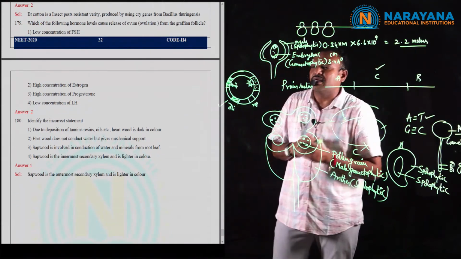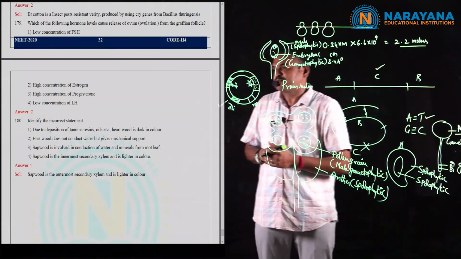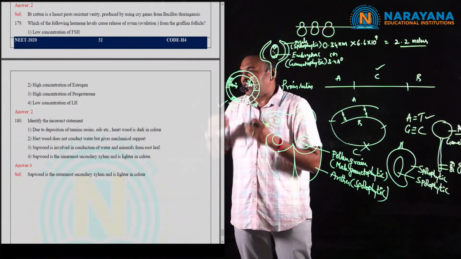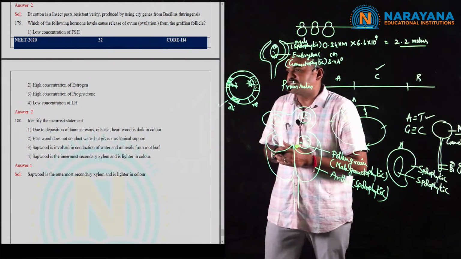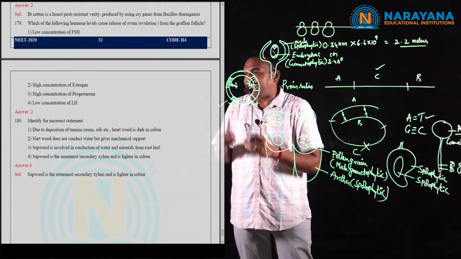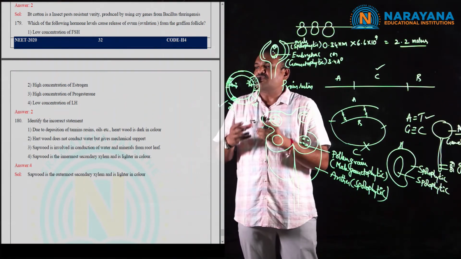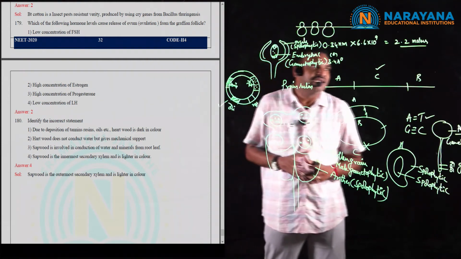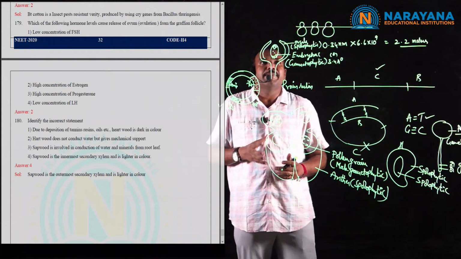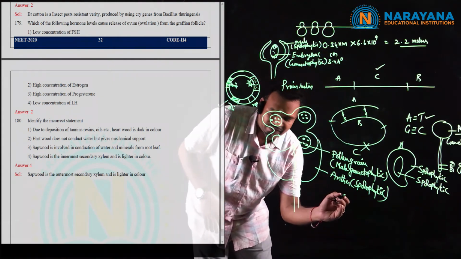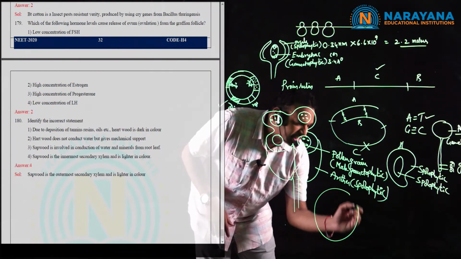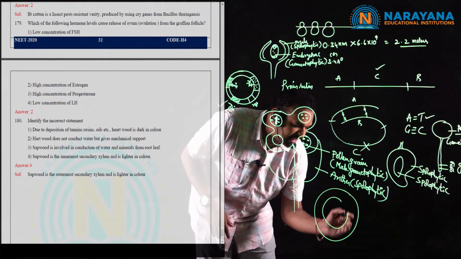And question number 180, that is the last question. Identify the incorrect statements. First option: due to deposition of tannins, resins, oils, etc., heartwood is dark in color. Yes, heartwood is dark in color because this is the central part of the tree trunk. The central part of the tree trunk contains heartwood.